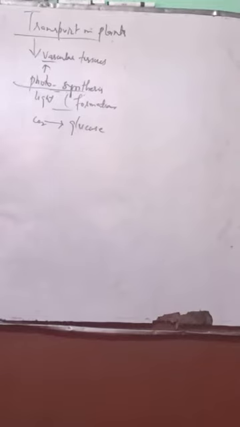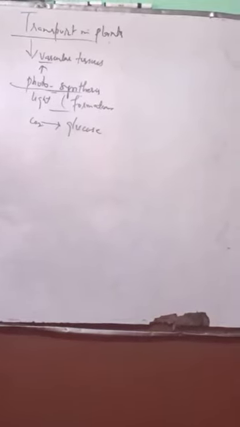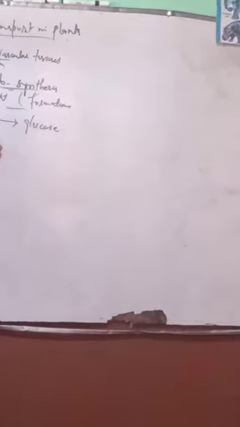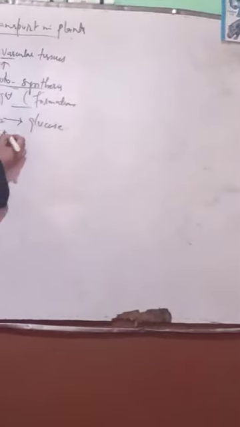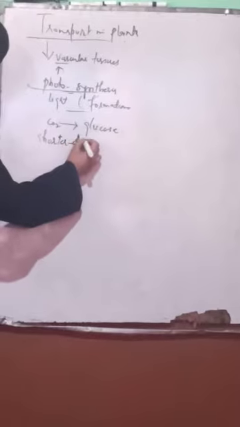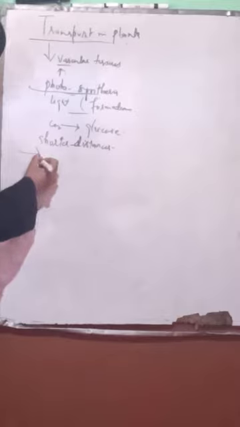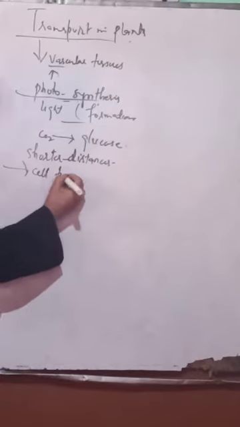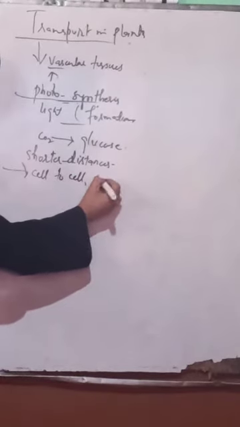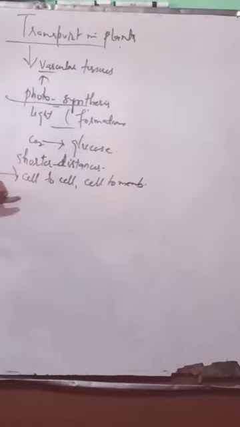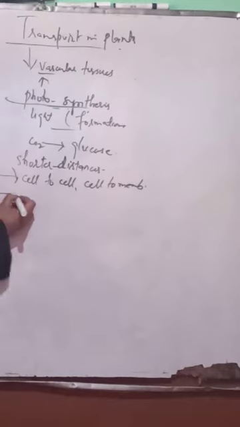And when we transport something through shorter distances, for example, cell to cell transport, cell to cell or cell to membrane, we make use of diffusion.